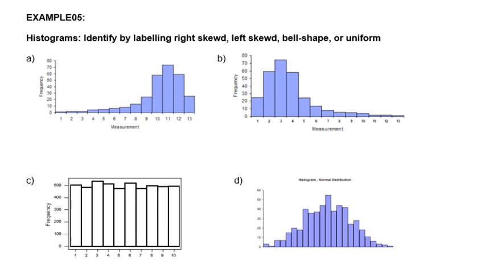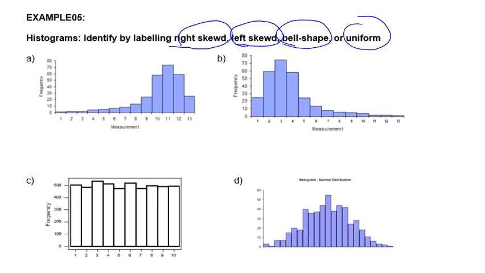Alright, histograms. You need to identify the histogram based upon the data distribution. Do you suspect the data distribution is right skewed, left skewed, bell shaped, or uniform? Okay, so you decide.